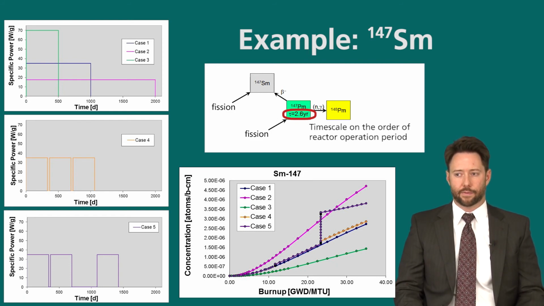So those are about the same. So you see, especially in case number 5, when the fuel assembly is out for an entire irradiation cycle, that is where the big buildup is from the decay of promethium-147 to samarium-147.